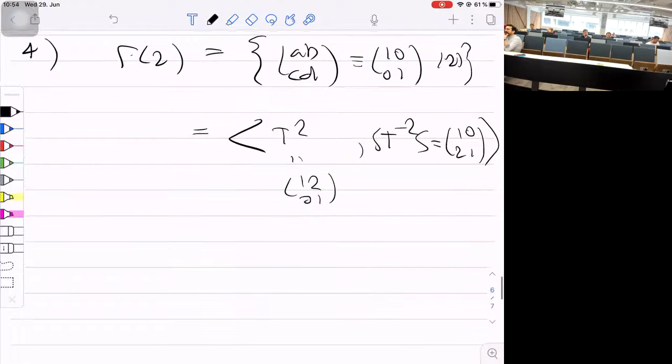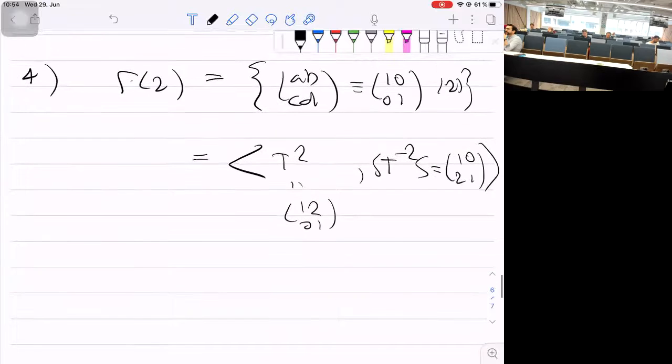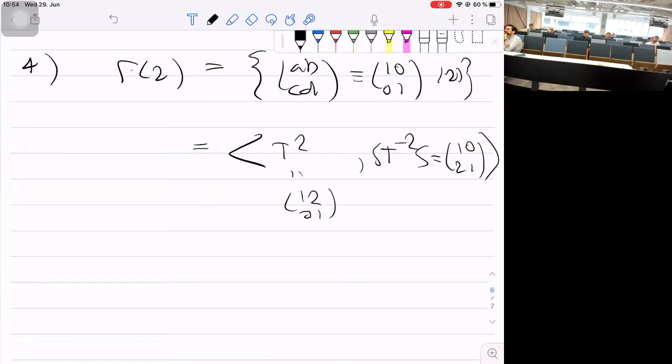So I can try to indicate why it's generated by those in two different ways, just to give you some options.